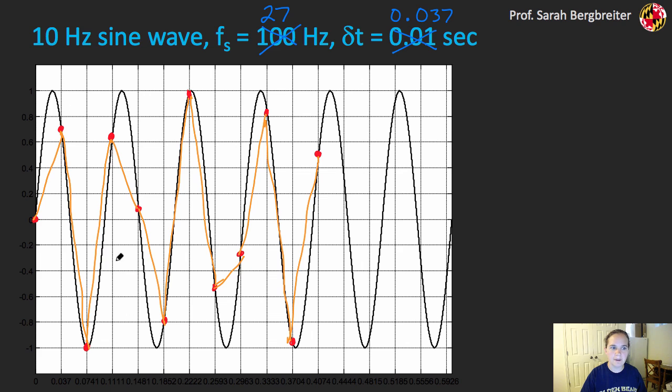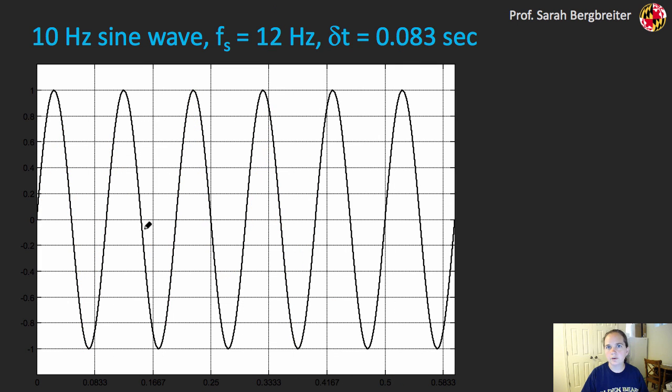I still get a peak in my sampled signal approximately every 37 milliseconds or so. So this is still a somewhat reasonable representation of the original signal, and obviously I could do a much better job if I reconstructed it in a better way other than just this linear interpolation.